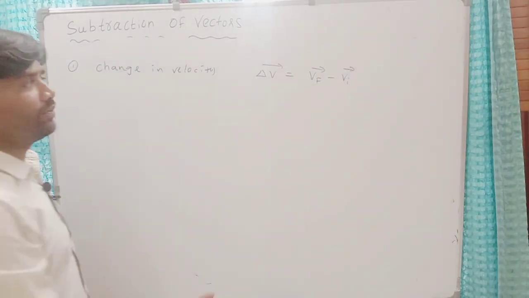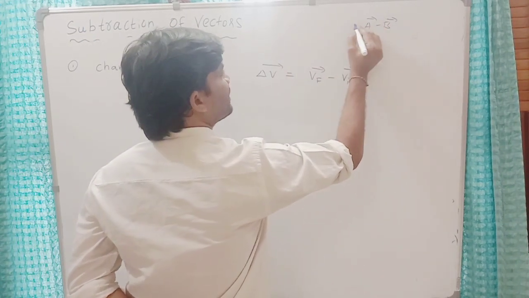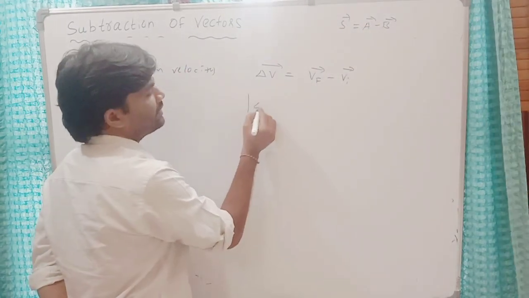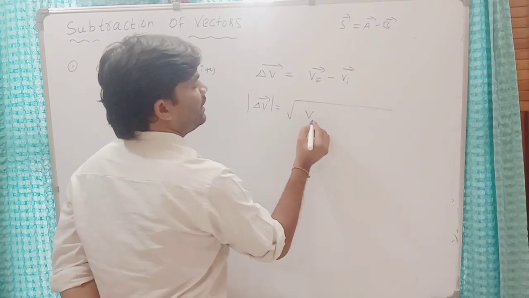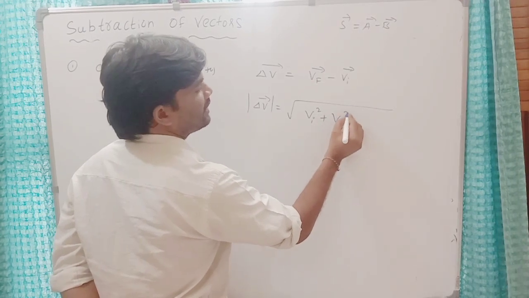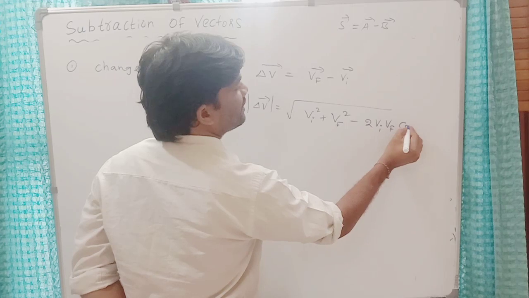So it looks like A minus B is equal to S bar, or you can write the magnitude of this change in velocity is equal to the root of v initial square plus v final square minus 2 vi vf cos theta.